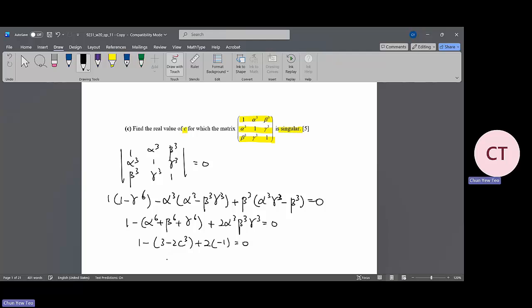So you get -2 plus 2c cube minus 2. So therefore your c will be 4 divided by 2, to the power 1 over 3, which is equal to 2 to the power 1 over 3. That is the answer for question number 3.